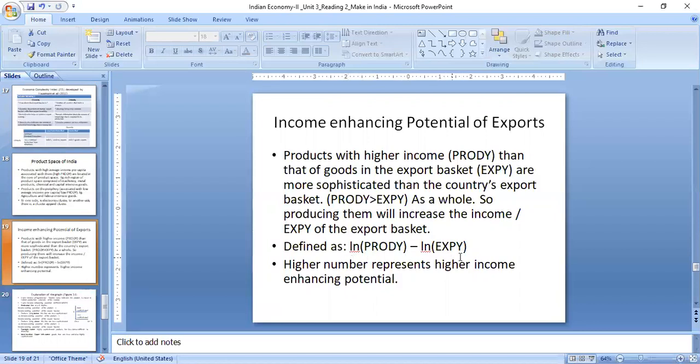So this is numerically measured by the difference in their logs. Higher number would mean higher income enhancing potential because the gap is going to be greater, right? That means income earning potential of the product is much more than that of the export basket.